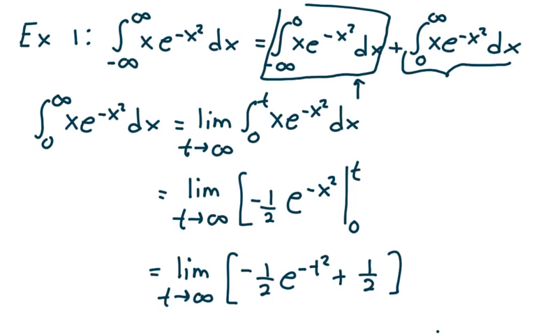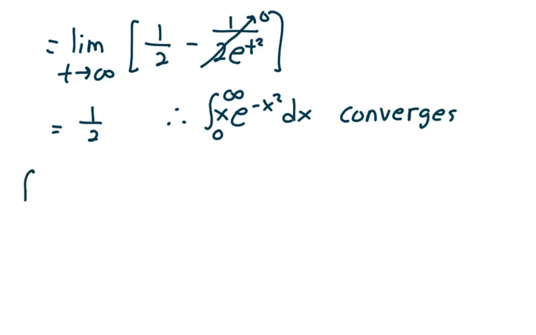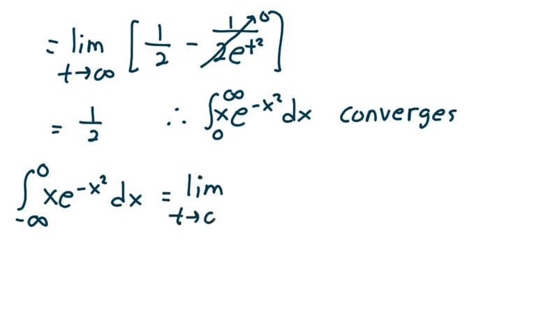Okay? So I'm going to look at the integral from negative infinity to 0 of x e to the negative x squared dx. But that's the limit as t goes to negative infinity, by the way, of the integral from t to 0 of x e to the negative x squared dx.